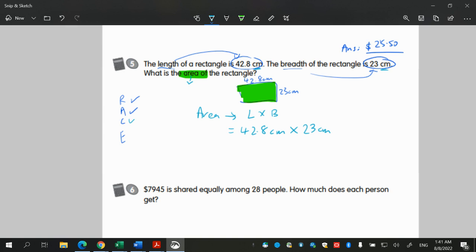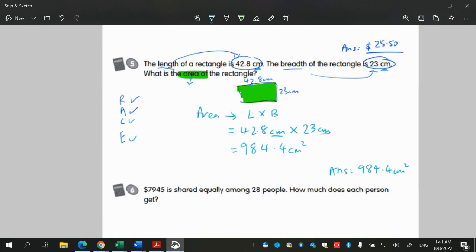And the answer is 984.4. Units: centimeter multiplied by centimeter should give me square centimeters. So 984.4 square centimeters. That's the unit for area. So I got the units.